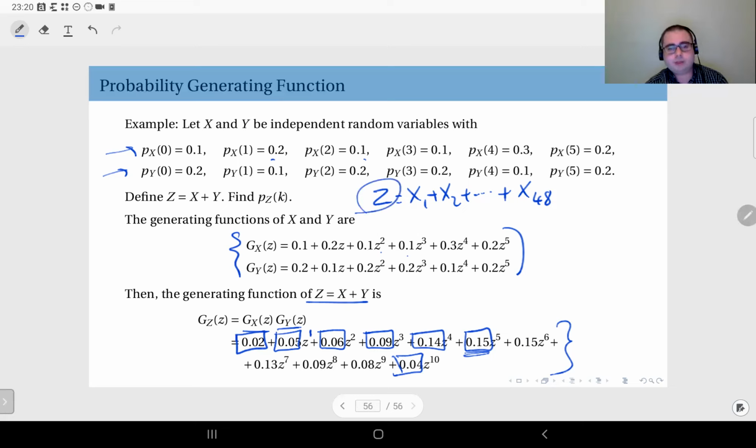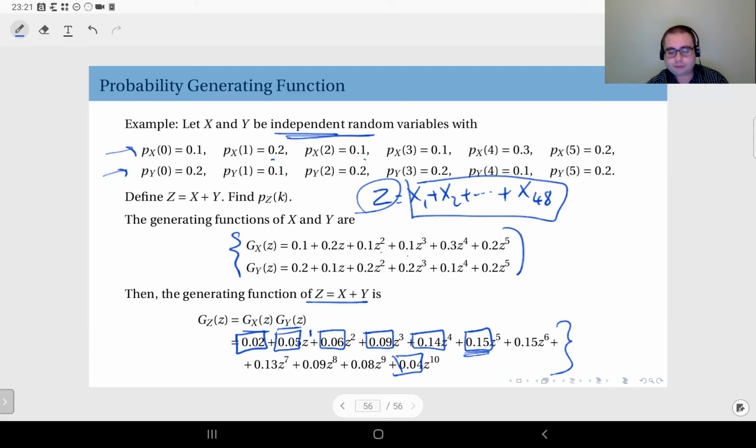One final remark, be careful: this is only for independent random variables. You can apply this generating function method only when the random variables you add are independent. But in general, this makes our life a lot easier as opposed to taking the convolutions one by one.